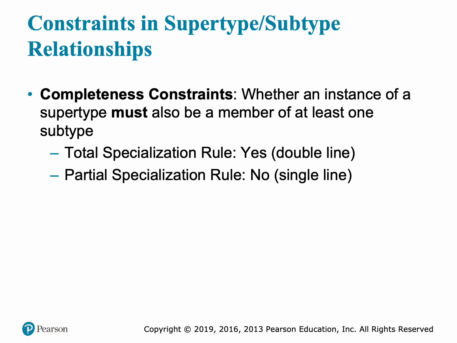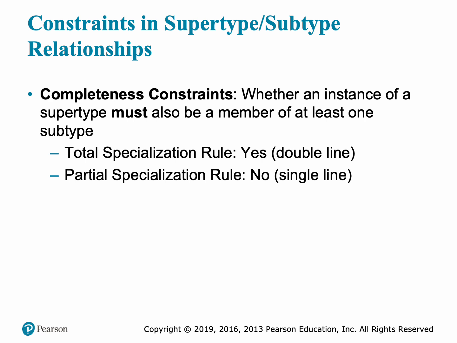depth with a few examples. The total participation constraint is number one that we'll pick here. The total participation constraint ensures that every instance of the supertype must also be an instance of at least one subtype. This constraint is crucial when you want to guarantee that every general entity has a specific role or category.